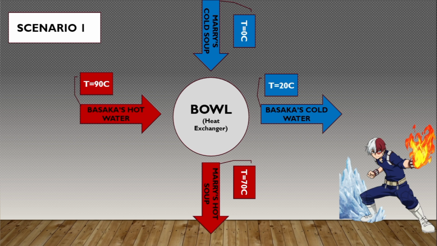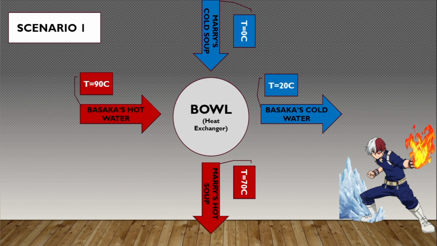Of course, we assume that Basaka did not allow Mary's soup to sink inside the bowl. But going by what we have from the diagram and the rule of heat exchanging, the two fluids do not mix together. It's just a thing of thermal energy transfer between one fluid to another through a medium separating them. The two fluids do not mix.